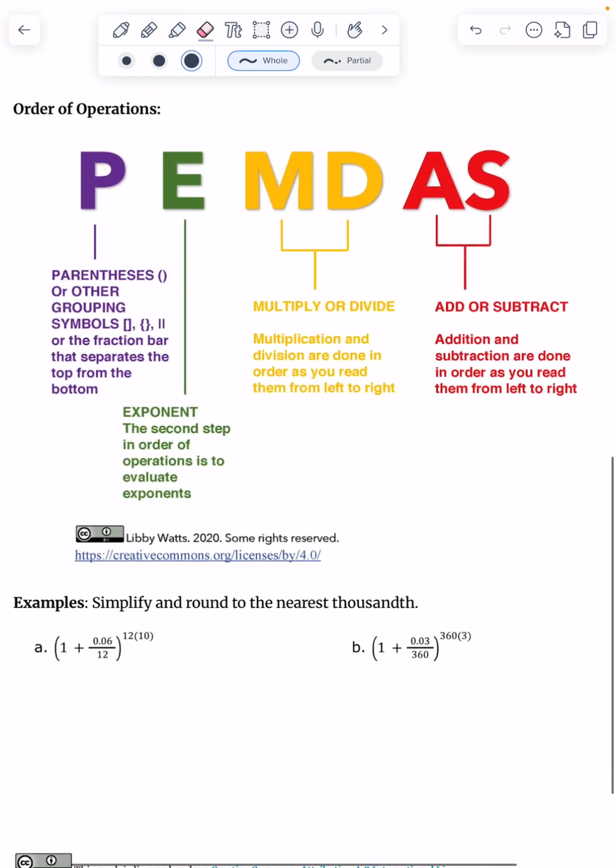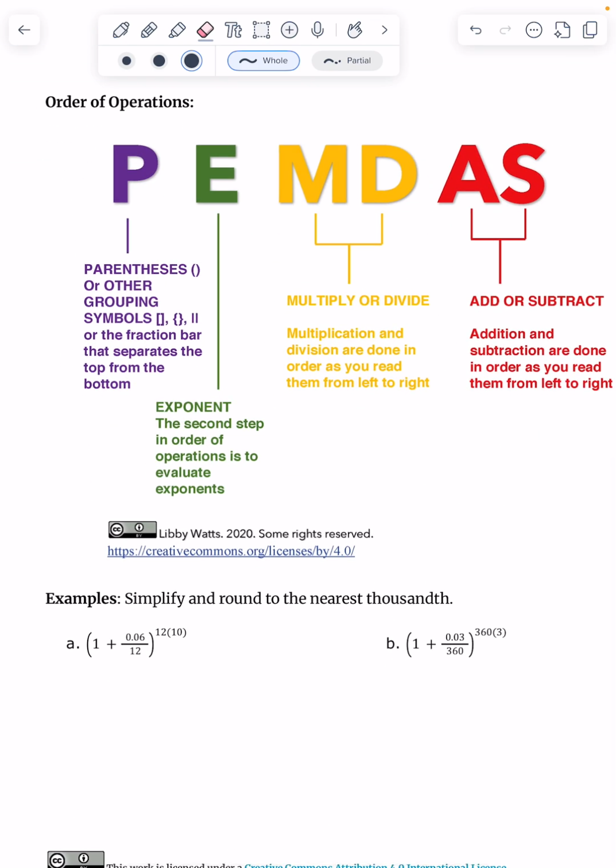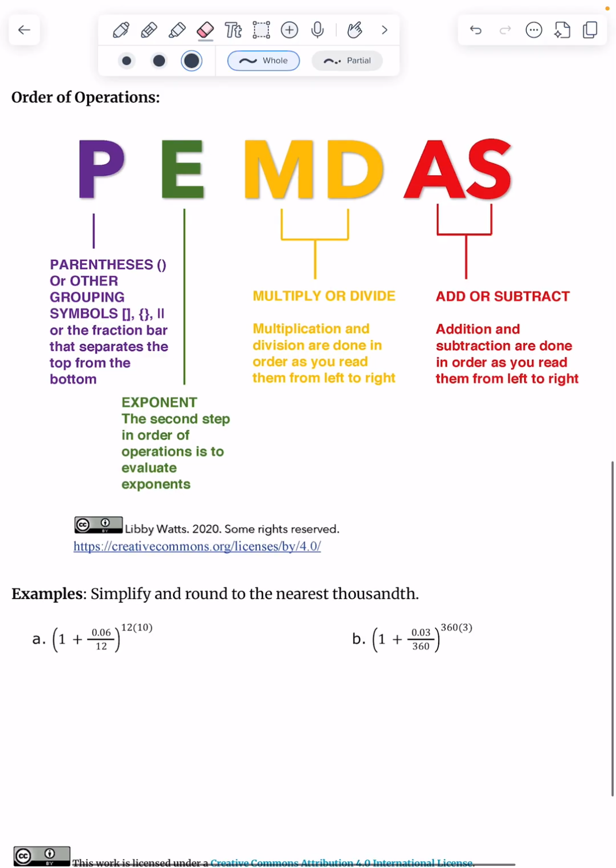Some of you might have learned PEMDAS at some point in your math career, and there's a saying that goes with it, please excuse my dear Aunt Sally. That's to help you remember the letters PEMDAS.